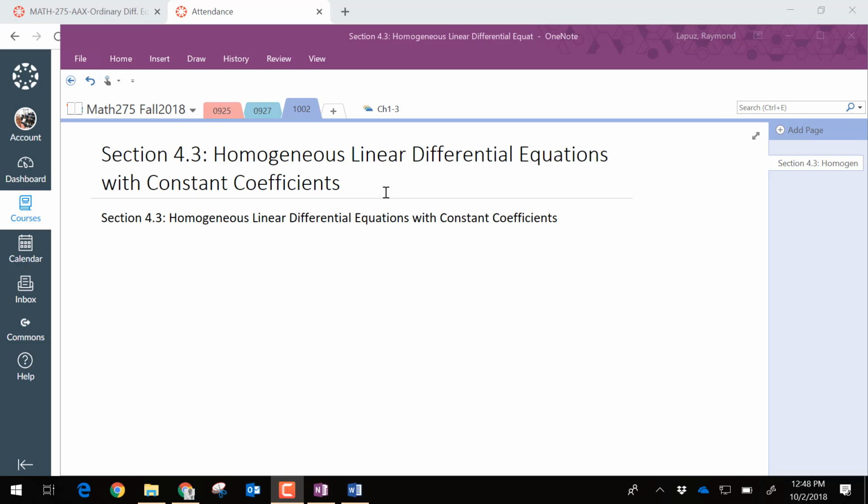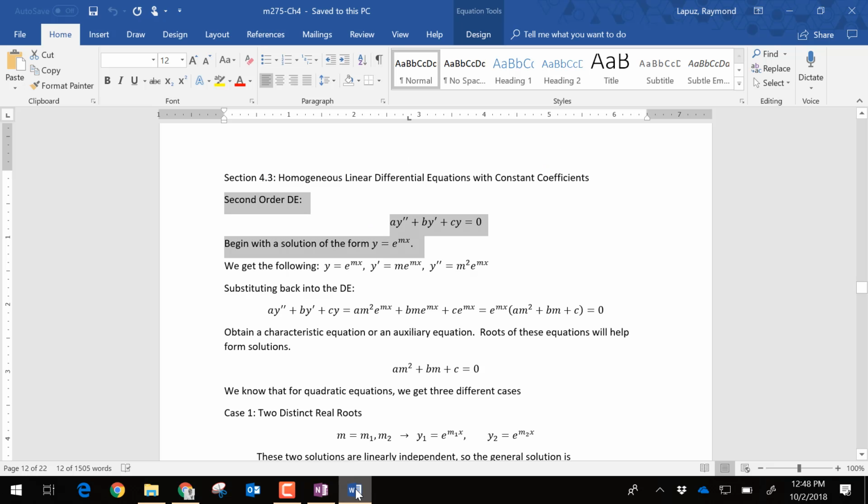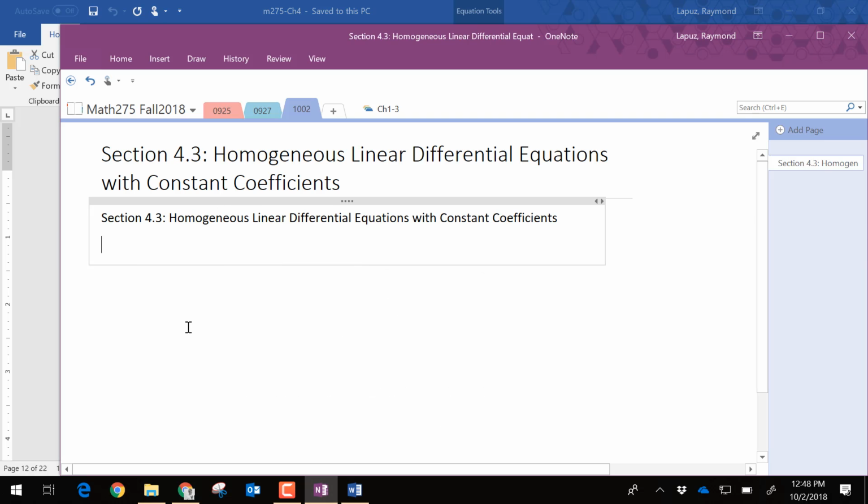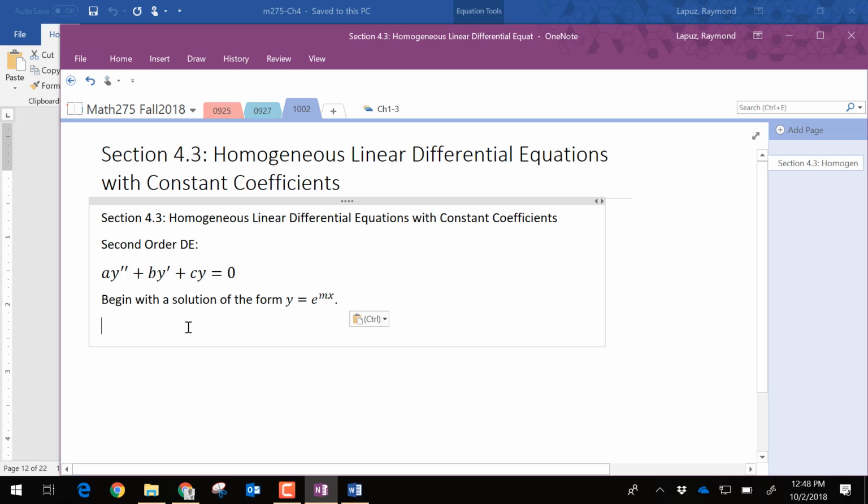So our DE is going to look like, in general, we'll have constant coefficients, so it's going to be some constant a times y double prime, another constant b times y prime, another constant c times y.